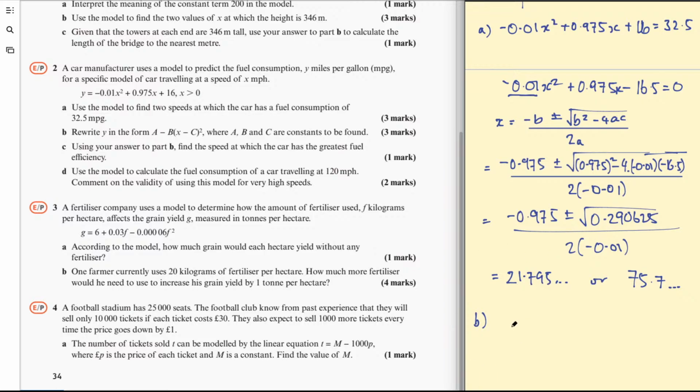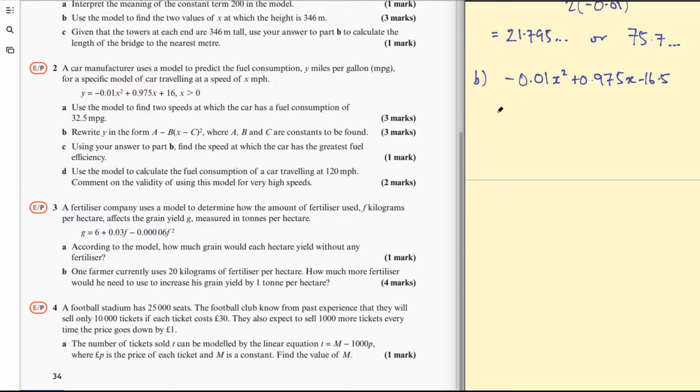But it's still possible, of course, so I'll start off by writing this down again. And yeah, I think I'll just divide through by, factorize out negative 0.01 out of everything.